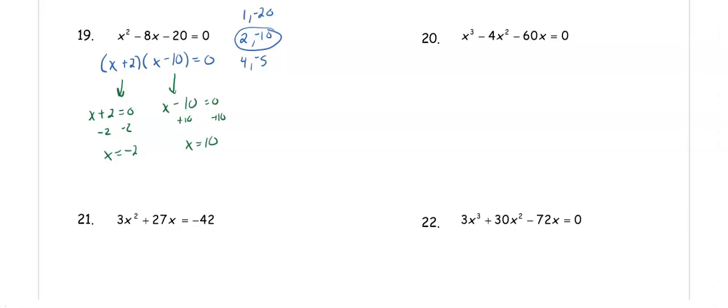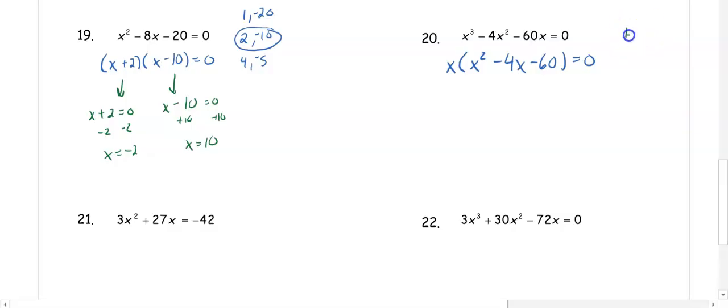In number 20, our GCF here, because we need to take an x out of each term, is x. So we have x times x squared minus 4x minus 60 equals 0. So numbers that multiply to 60 are 1 and 60, 2 and 30, 3 and 20, 4 and 15, 6 and 10, and 5 and 12.